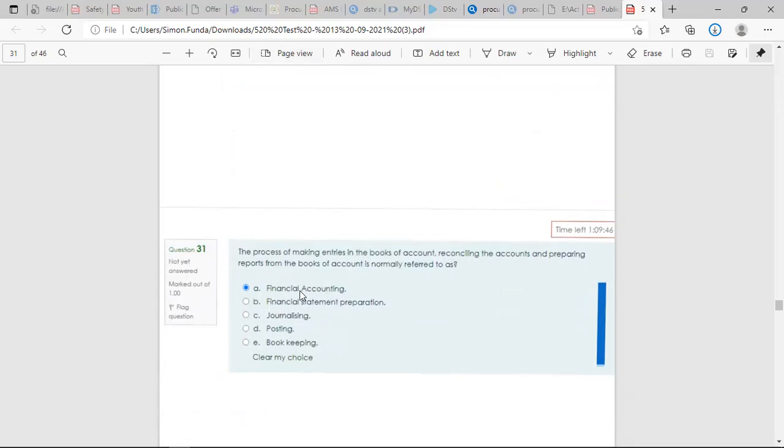So financial accounting is a process of making entries in the books of accounts, reconciling the accounts, preparing the reports. So it's a process from making those entries in the prime entry books, the ledgers. You make reconciliations, then you prepare the reports, which are financial statements.